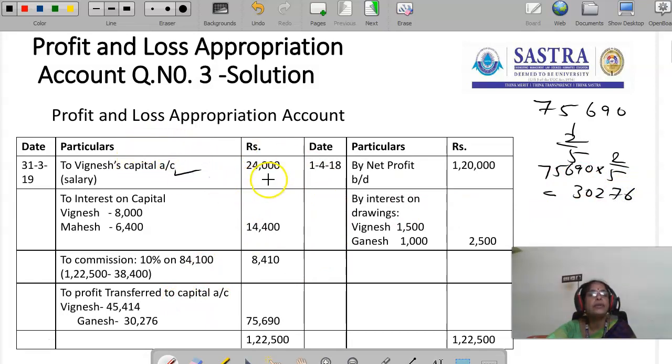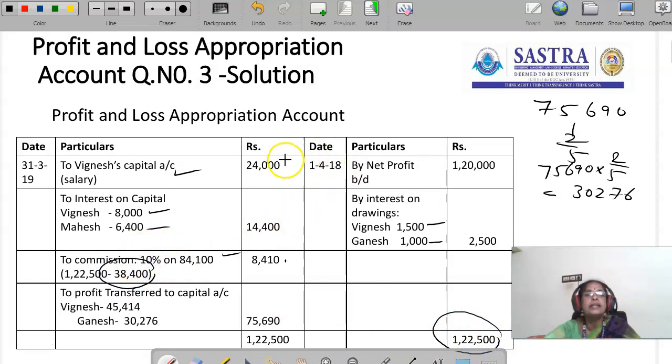Here, salary is 24,000. Then interest on capital is 8,000 rupees and 6,400. Then interest on drawing is 1,500 and 1,000. And commission is 10% on 84,100. How do we arrive at 84,100? 1,22,500 minus 38,400, where 38,400 is 24,000 plus 14,400. So we will get 84,100.